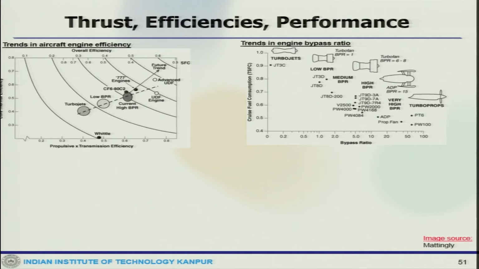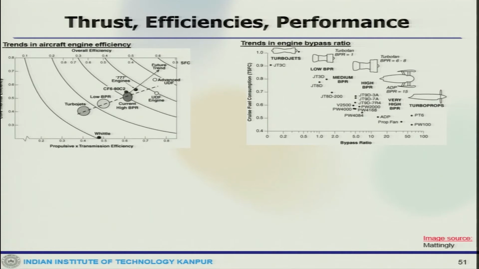And the other one is depending on the bypass ratio, these are the different factors of the bypass ratio, and this is the fuel consumption rate or TSFC, thrust specific fuel consumption.